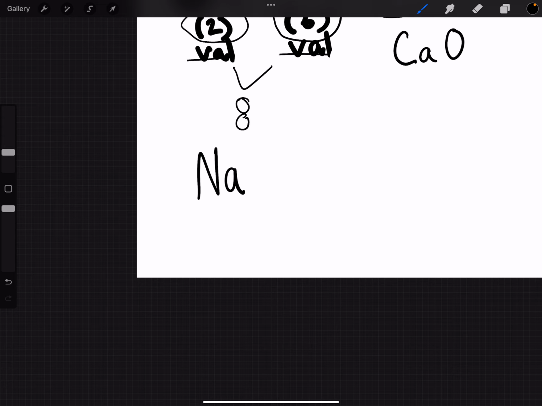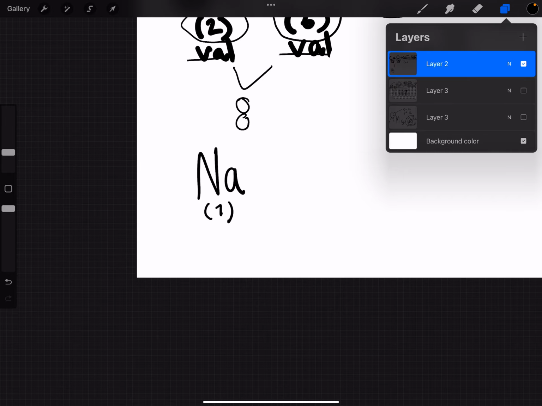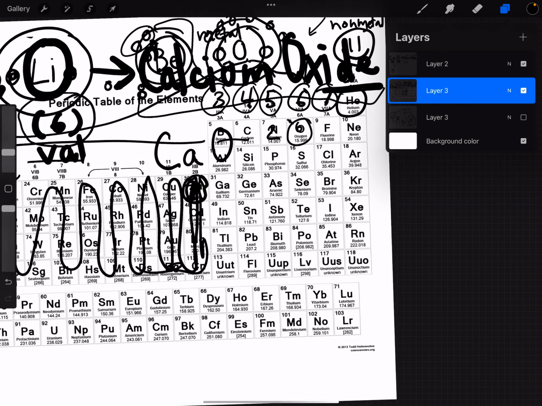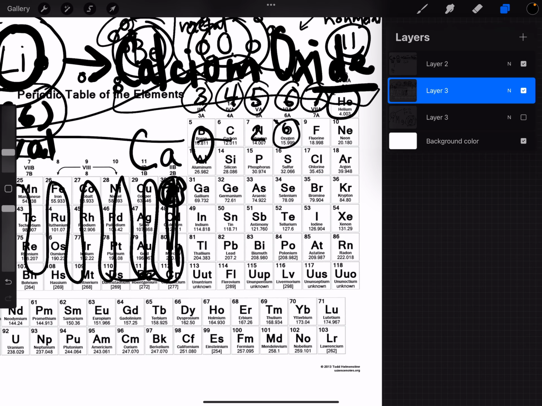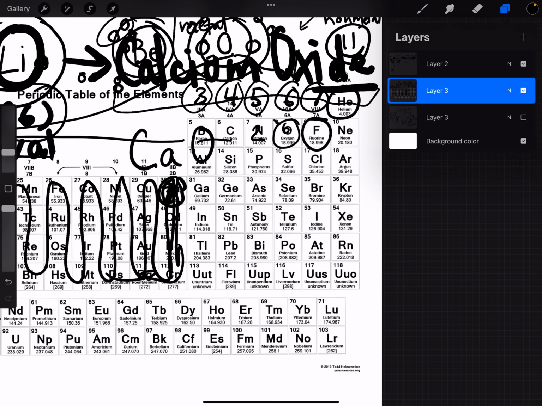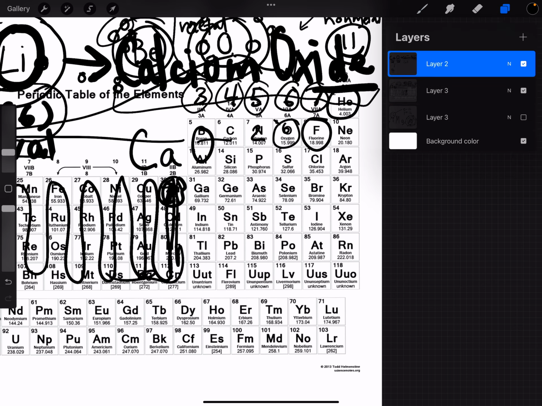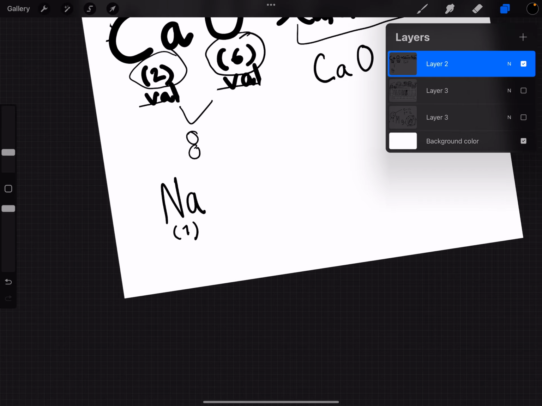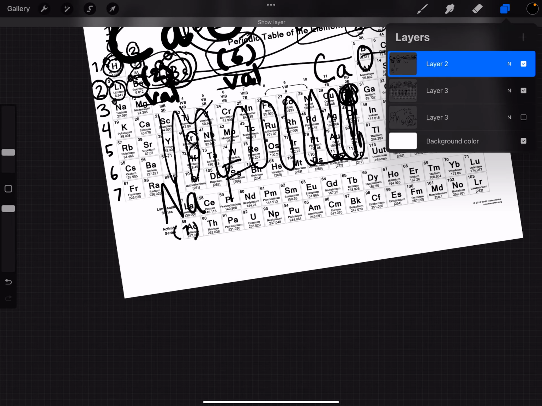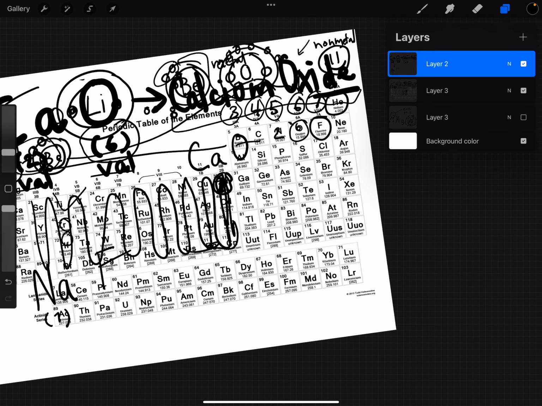This is sodium, and it has 1 valence electron. And then let's find something. Fluorine. Oh wait, actually, 1 sec. Let's do oxygen.